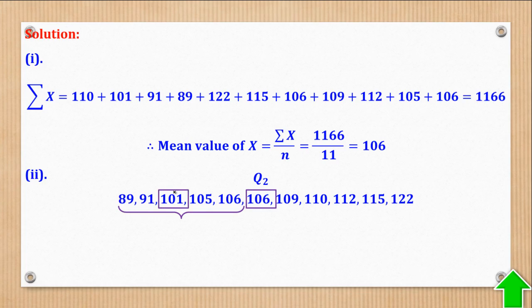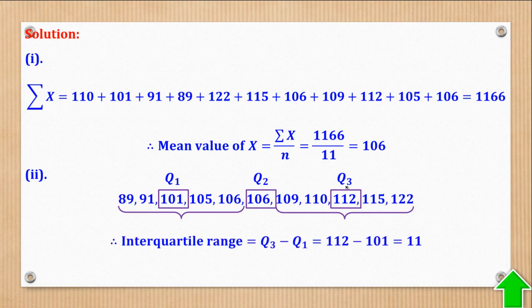Then for this half, we again get the midpoint, which is this. Therefore the upper quartile is that. Now that I've got the upper quartile and lower quartile, I can subtract the two to get the interquartile range. And that's what they wanted.